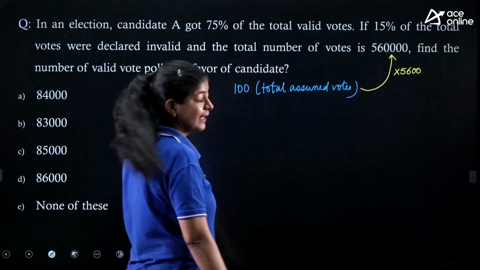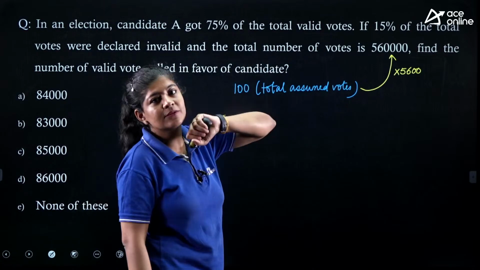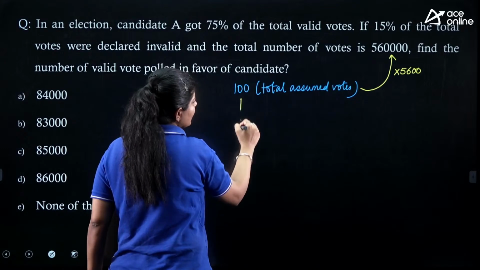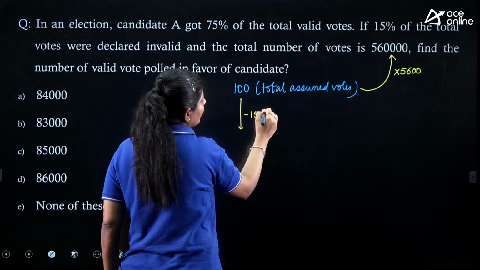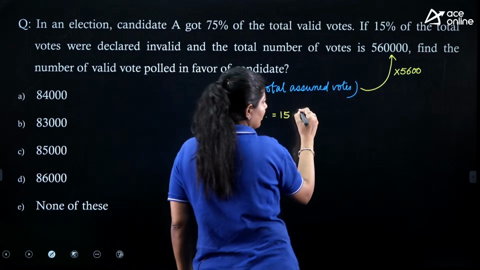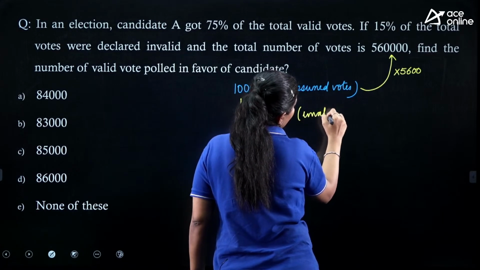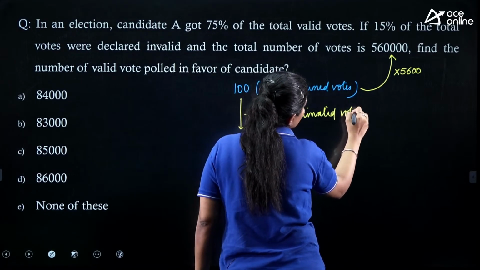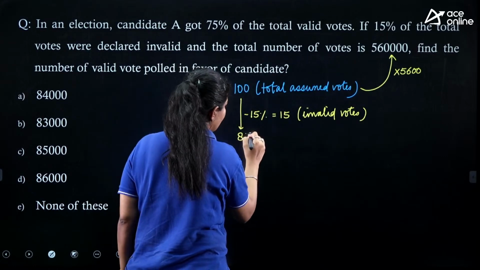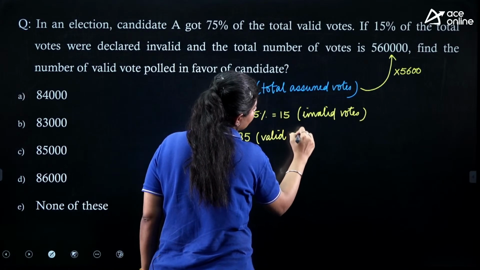Next, the question is saying that out of this, 15% of the total votes were declared invalid. So we are just subtracting 15% of it. 15% is nothing but 15 only, and these 15 votes are declared as the invalid votes. That means we are left with 85 valid votes.